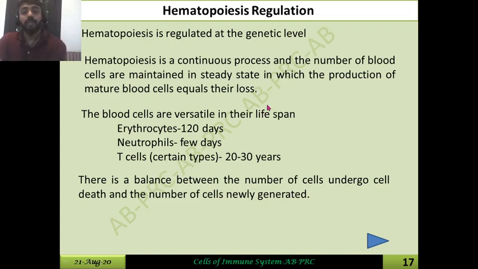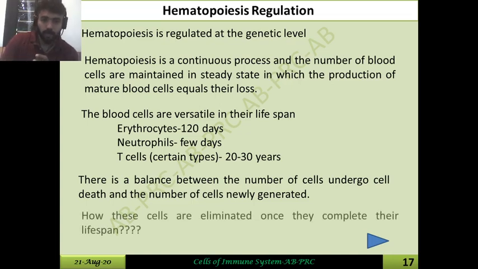And we have already seen, when we discussed the organs of the immune system and the spleen, that the mature blood cells, including the RBCs and WBCs, undergo cell death in the spleen. There is an elimination process in the spleen. And there is another process for the elimination of aged cells called apoptosis, right?